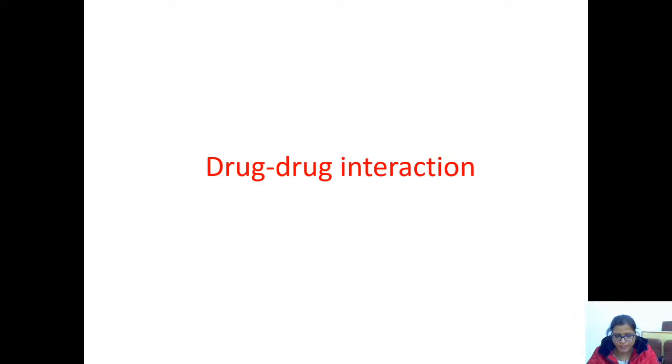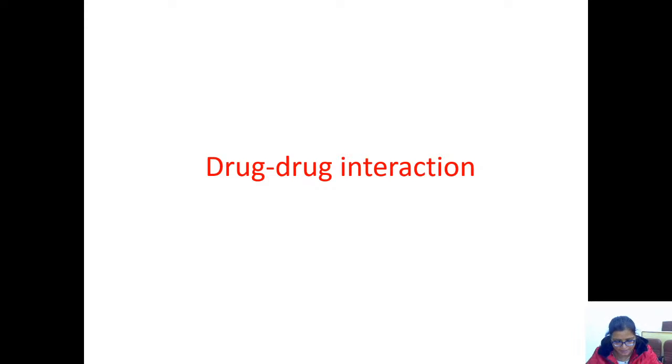So when you read about individual drugs, you also have to pay heed to drug-drug interactions. We'll be taking a few cases and discussing how these drug interactions affect each other's effect. These interactions could be pharmacokinetic or pharmacodynamic.